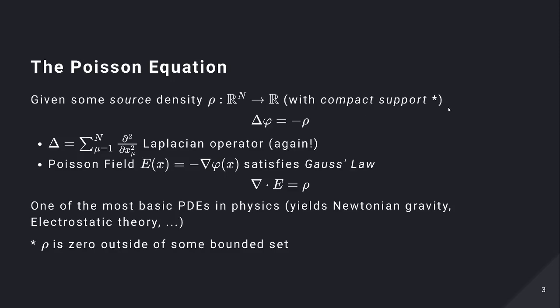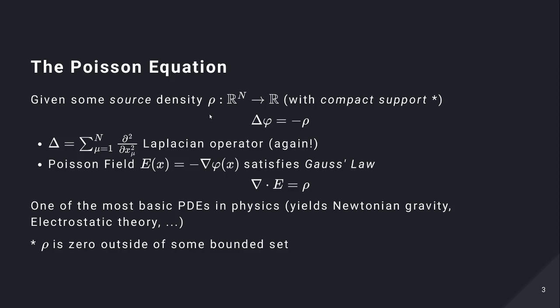Here, an important assumption is that it has a compact support, and compact support here means that outside of some bounded set, rho has to be 0. So the set where the source density is non-zero is bounded, and this is an important assumption.